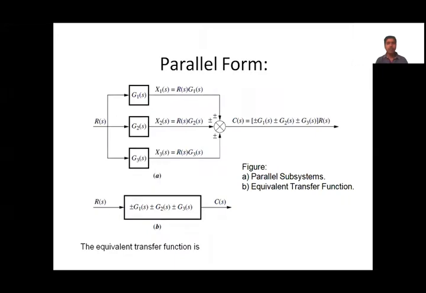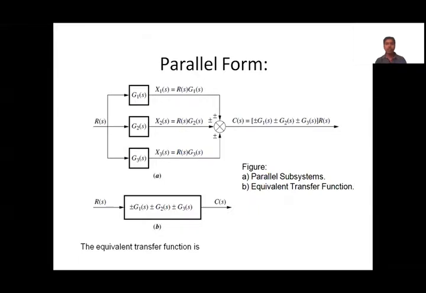Now how do we simplify this? If a number of systems are connected in parallel, what is the combined transfer function? When these three are connected in parallel, R of S is given to G1 first, so we get R of S into G1 of S. When R of S is given to G2, it is R into G2. When R is given to G3, it is R into G3. All these are combined by the summing point.